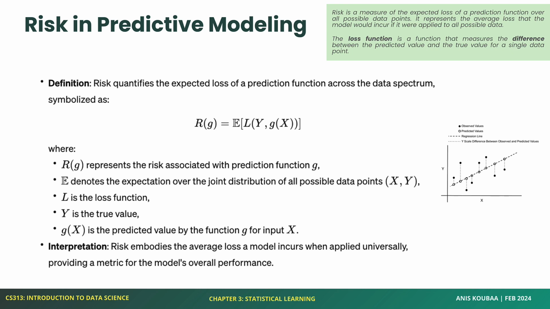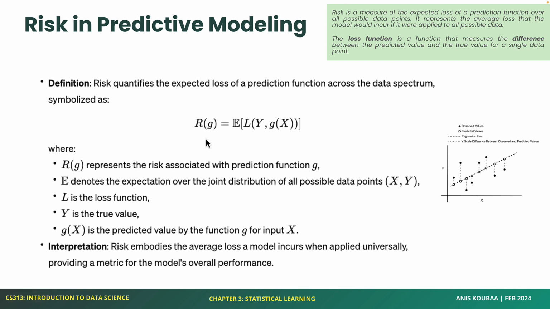And in practice, finding the risk is not possible, because we don't have an infinite number of samples. But we can converge to that using the law of large numbers and the central limit theorem. We will converge to some statistical significance of this expected predictive modeling. And the equation is simple.